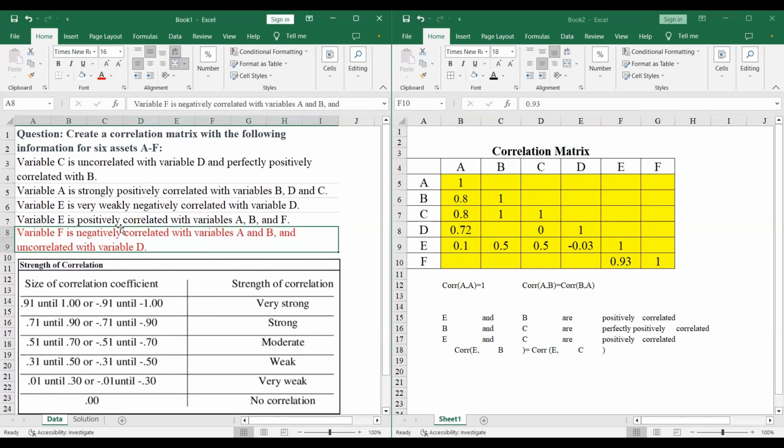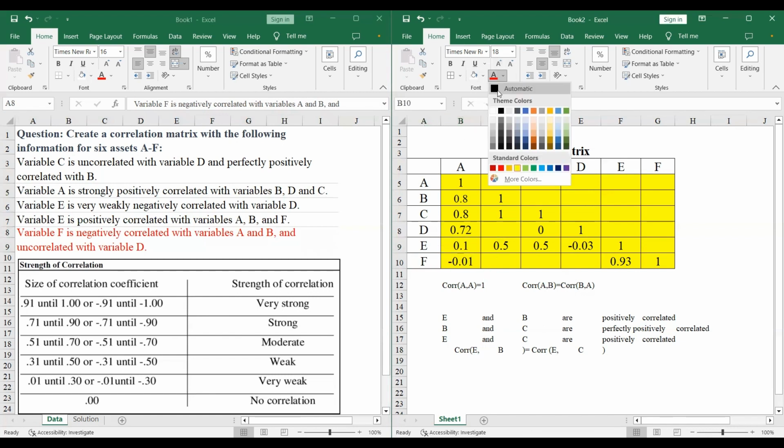A variable F is negatively correlated with variable A and B. F with A should be a negative number. Again, does not matter which negative number we take in. A and F and B should be a negative number.